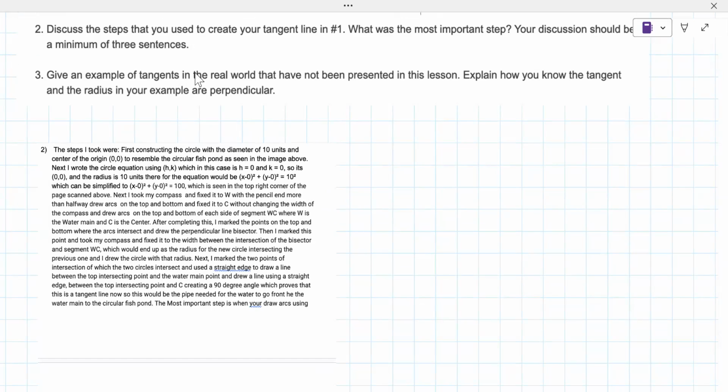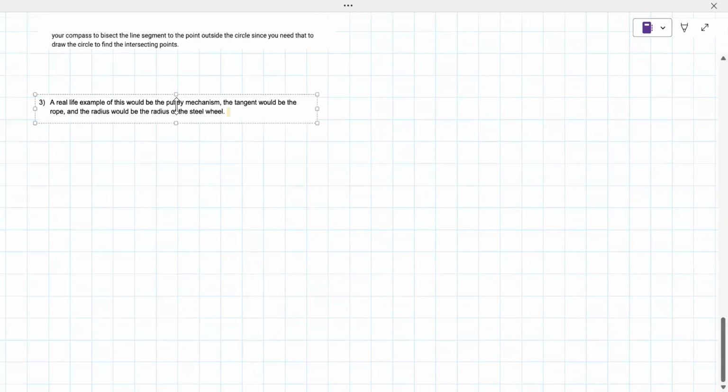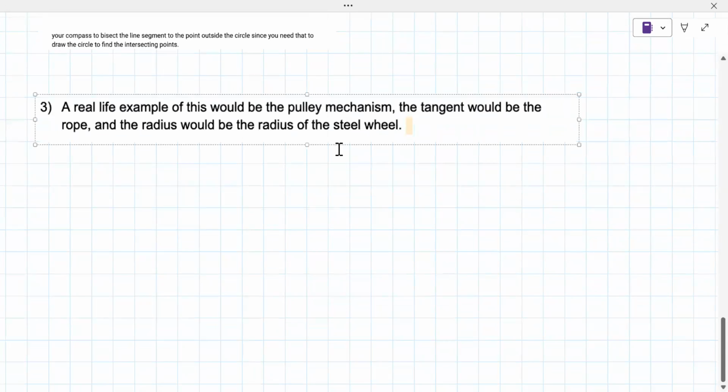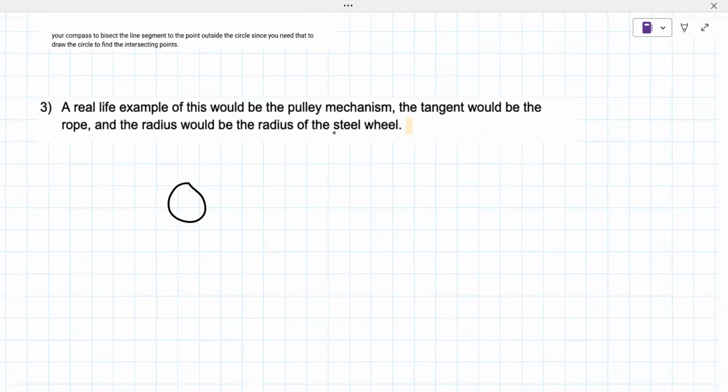Number 3 I do have in the chat, but it says to give an example of tangents in the real world, which I did find an example, but I have some trouble explaining the second part of that. Well, it's like your rope is tangent to the pulley. That's for sure.